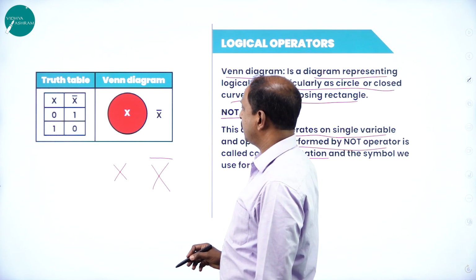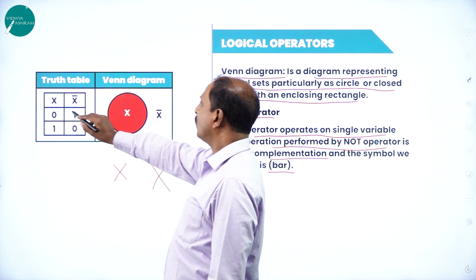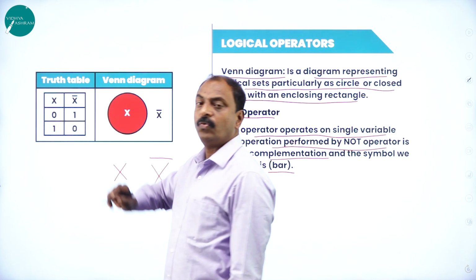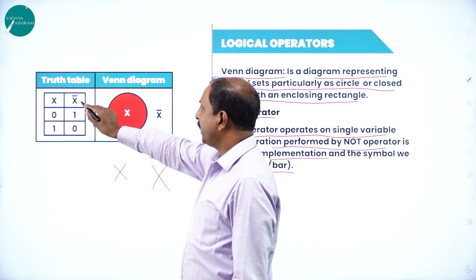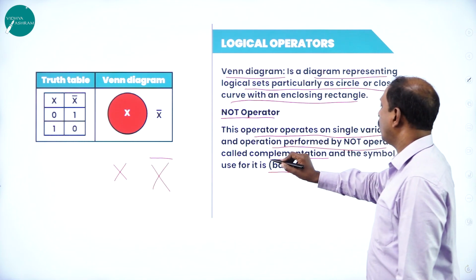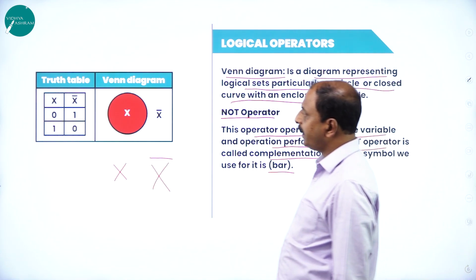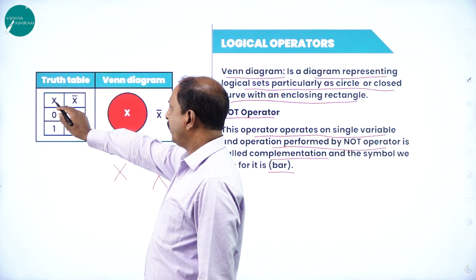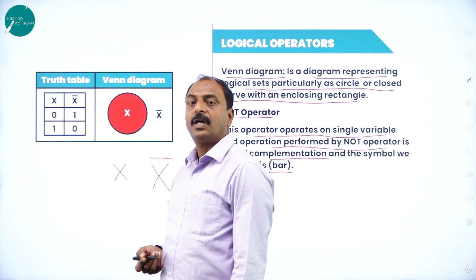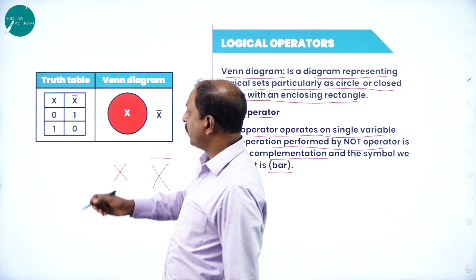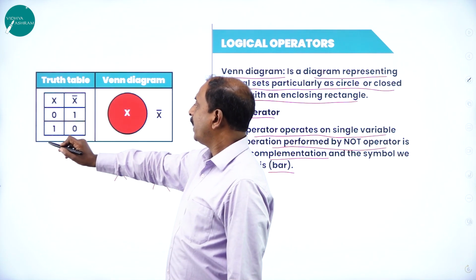Now if you observe, this NOT operator takes only one input and gives only one output, which is called complementation. One variable can have two possible values, 0 or 1. What is the output?